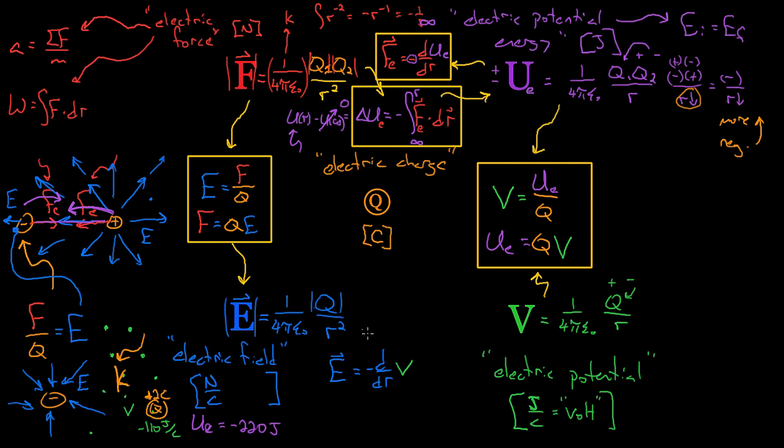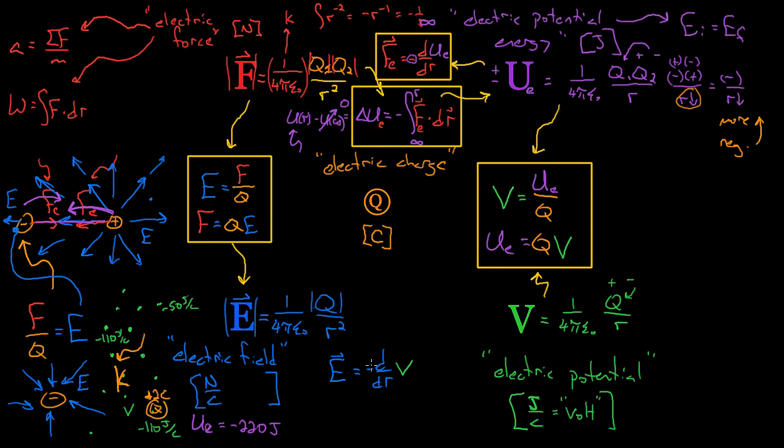So this might be represented graphically. In words, what this means is that the electric field points toward decreasing V. So if I gave you a map of the V, and right here it was negative 110 joule per coulomb, and out here it was like negative 50 joule per coulomb, and I asked you, in this region here, which way does the electric field point?